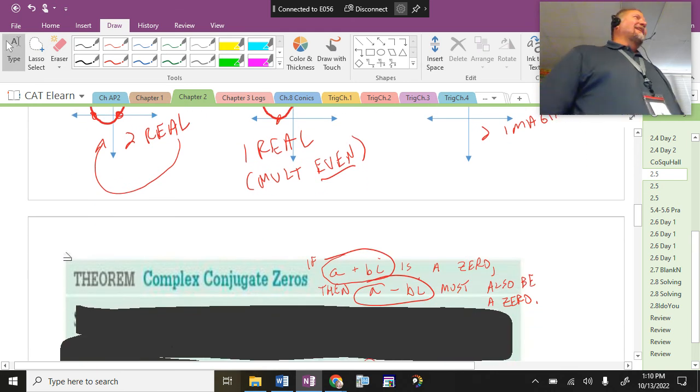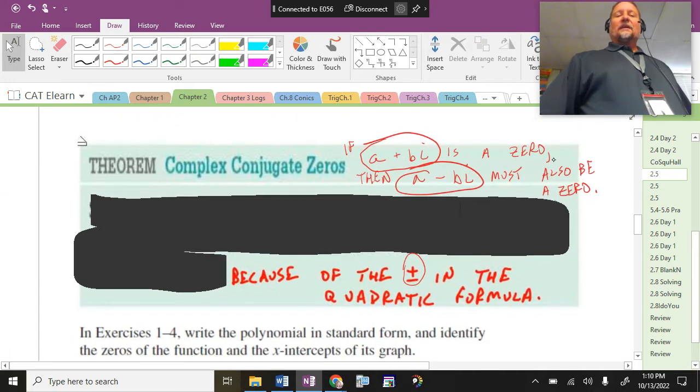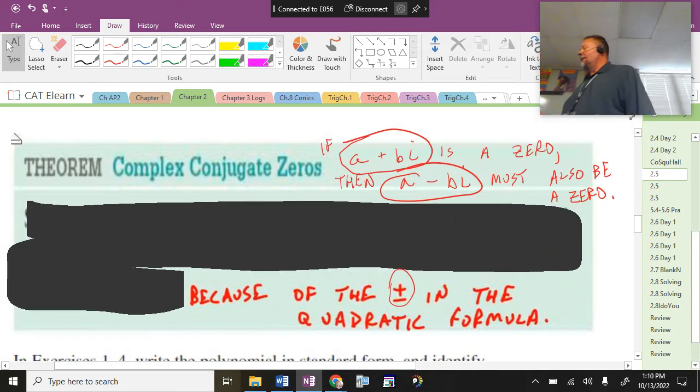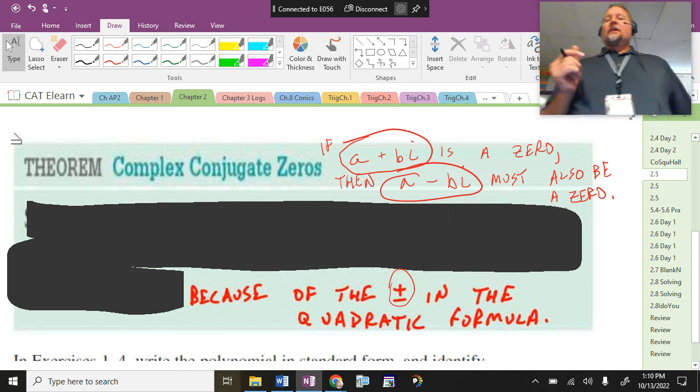Okay, now you don't have to write this down either, but maybe you should. Actually, I lie. Maybe you should. And you know why I cross this out? Sometimes the book is so wordy, I don't understand what they're saying. And that's why don't write that. Here's what the complex conjugate zeros theorem says.